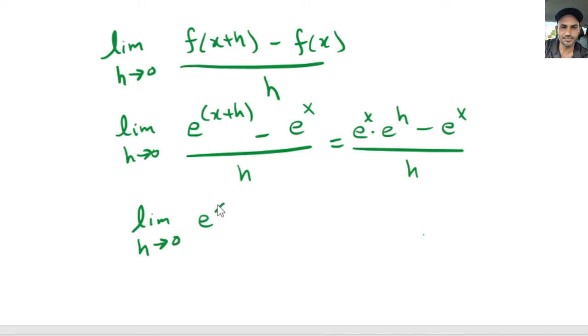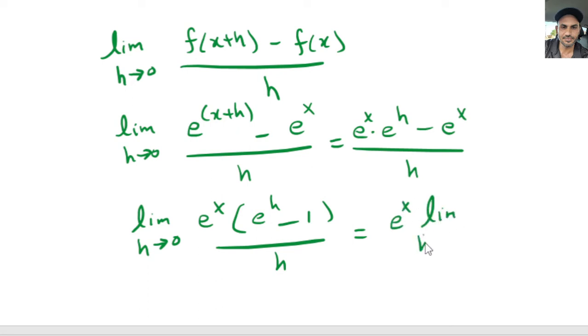So e to the x, and then we're left with e to the h minus 1 over h. Okay, and now we can take this e to the x out of the limit, since there's no h involved there. So e to the x limit as h goes to 0 of e to the h minus 1 over h.